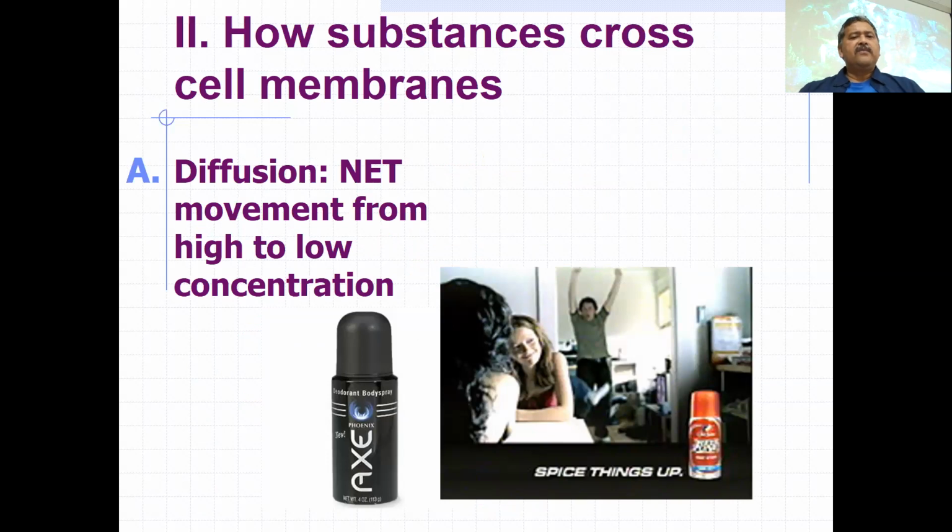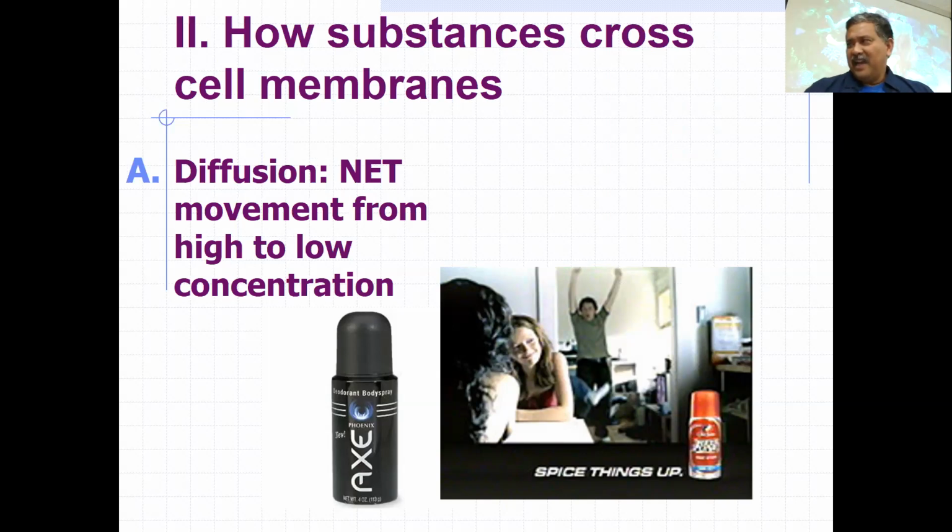First of all, diffusion. Diffusion is the net movement from high concentration to low concentration. Now, in my teacher's manual for this part, it will often say, take a can of body spray and spray it in your classroom.